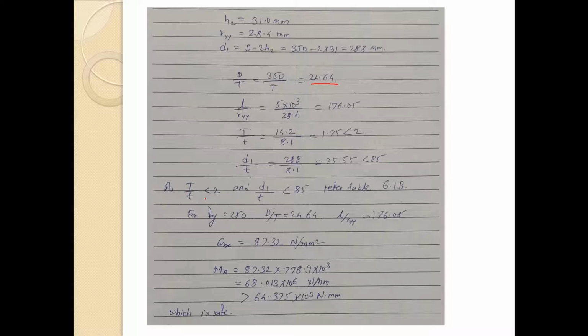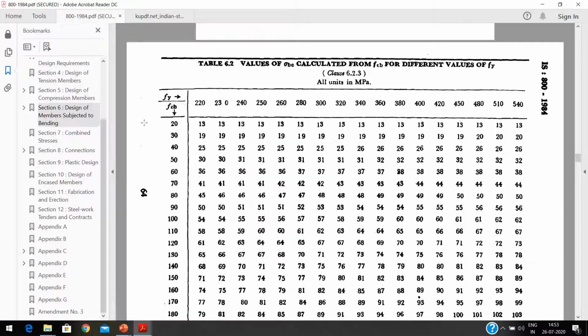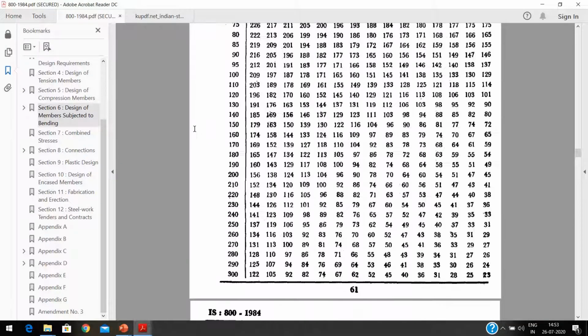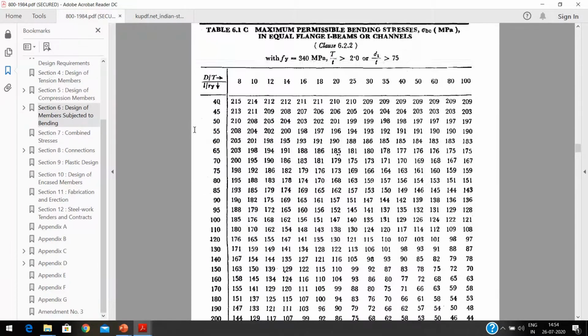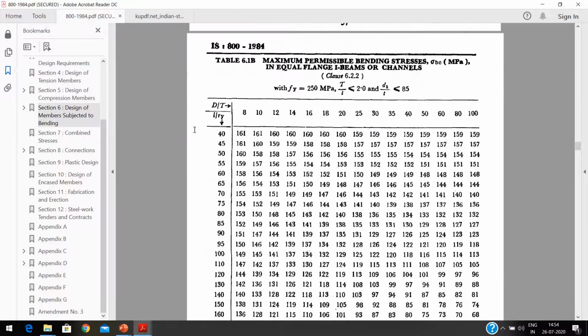So as the T by t is lesser than 2 and d1 by t is lesser than 85, we will refer to table number 6.1.b in the IS code.